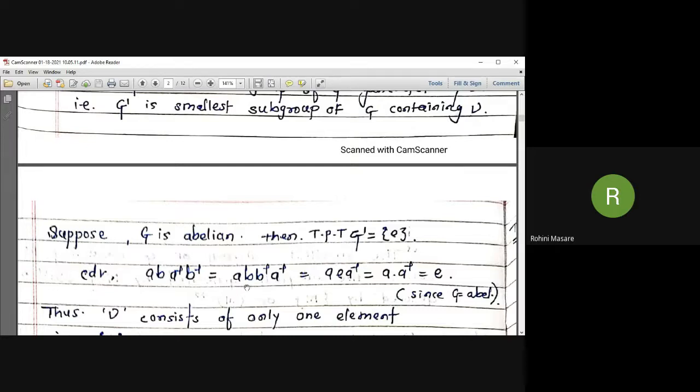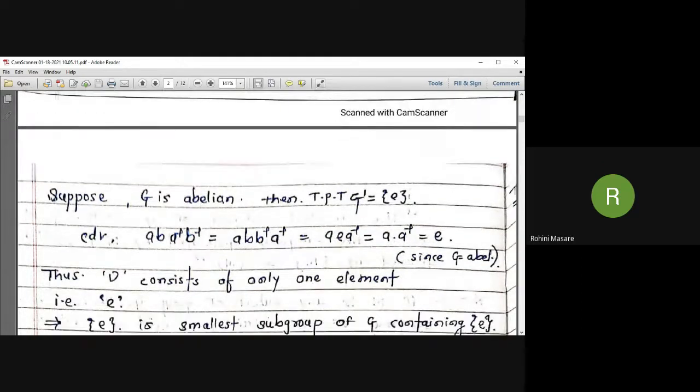Because G is abelian, so we can commute the elements. Which is equal to a a inverse, and b into b inverse is nothing but E, where E is the identity of G. So a a inverse is equal to E.